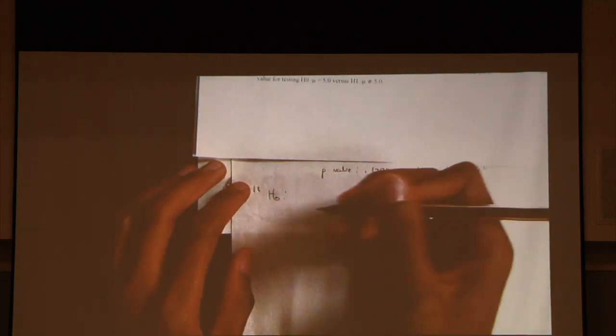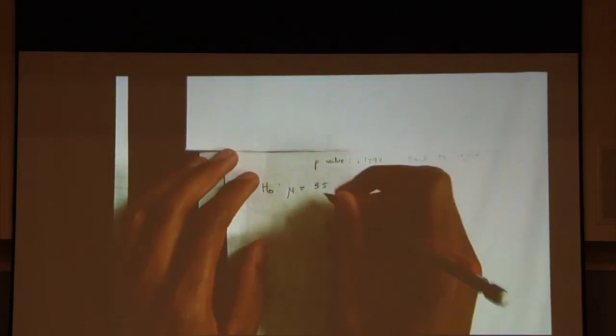Right, n is small. So when n is small and you don't know your population deviation, it ends up being a t value. So you're getting each case so that you get some exposure to each case. So they say that mu is 35.